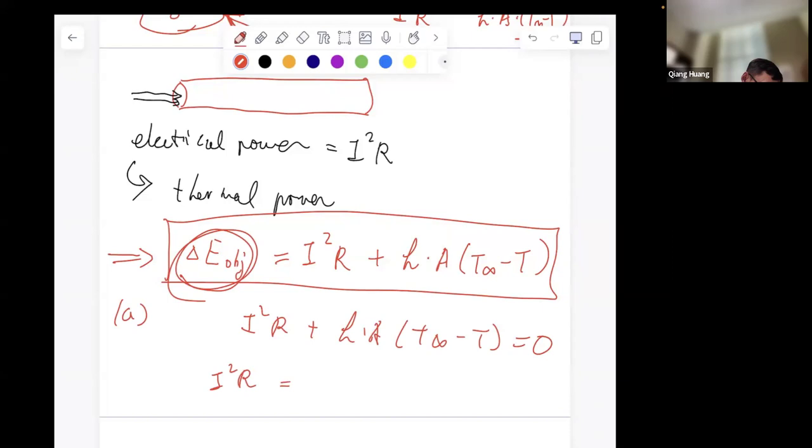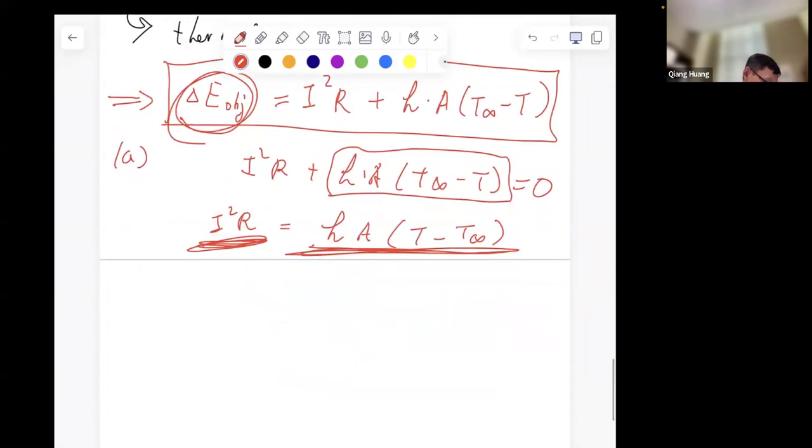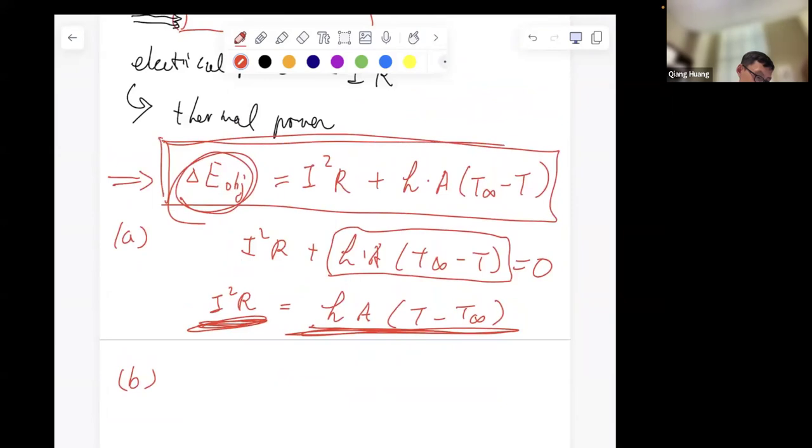The heat generated must be equal to the right side of the equation. You move this item to the right side and you flip the order of these two temperatures. As you can see, the heat generated has to be transferred away to the ambient. This is just the natural conclusion if you draw this equation correctly, okay?